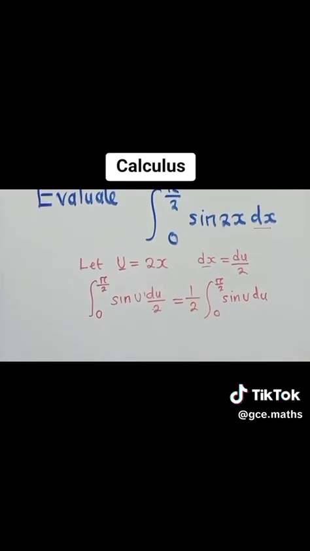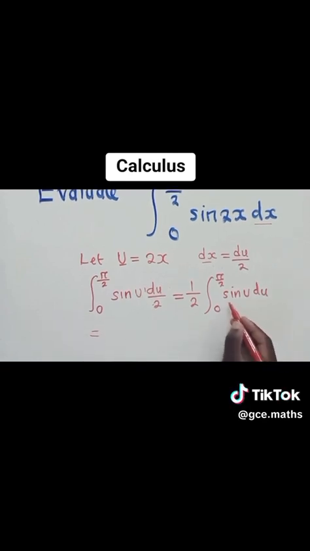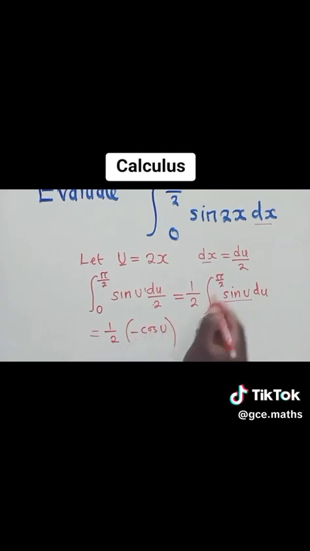Now from this stage, remember the point where I said the integral of sine u is equal to negative cos u. So it will be 1 over 2 negative cos u there, and the limits, 0 is here, pi over 2 is right here.